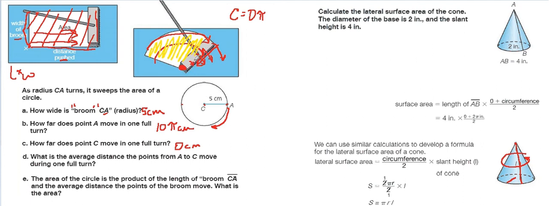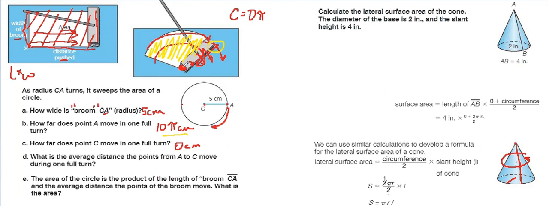Now, if you were to put all of these points together, that covers the full area, right? What if I asked you what's the average distance all of the points travel? How could we find that? We would find the longest distance, which is the same as circumference.